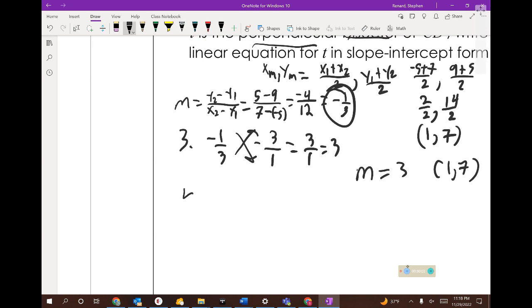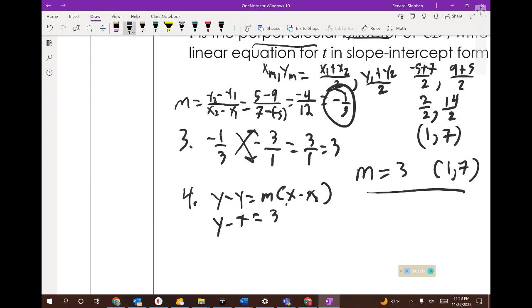So now we go on to step 4. With this information, we're going to plug that into our good friend point-slope form. So we're going to go y minus 7 equals 3 times x minus 1. Okay, and that's step 4. All we had to do was plug in the point into our x1, y1, and plug in the slope into our m.